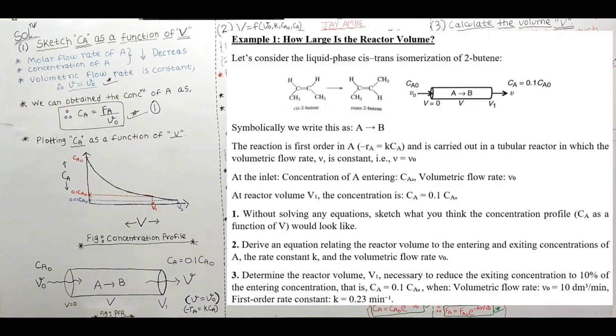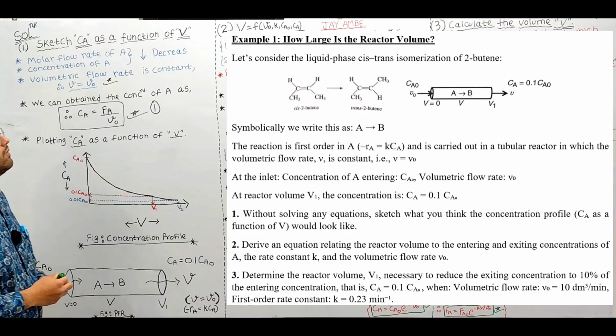The third part of the question states: determine the reactor volume V1 necessary to reduce the exiting concentration to 10% of the entering concentration, that is CA is equivalent to 0.1 CA naught, when the volumetric flow rate v naught is 10 cubic decimeter per minute, which means 10 liters per minute, and the specific reaction rate k is 0.23 per minute.